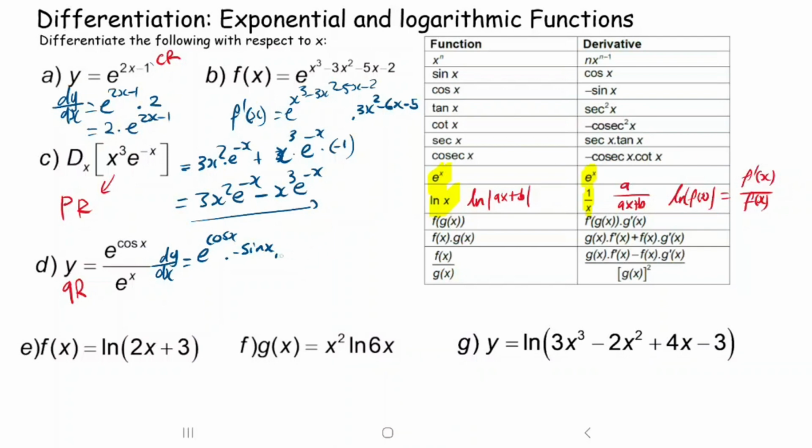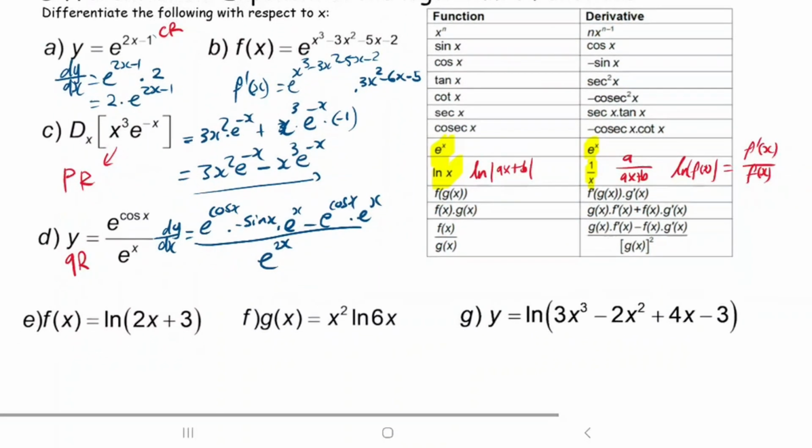So remember we have to keep e to the x at the bottom. Now we minus this, fix the top, e to the cos x, and then find the derivative of the bottom, which is just e to the x. And then all of this is going to be over e to the x squared. So this is how we find that particular derivative. So please double check on that, make sure everything is good.